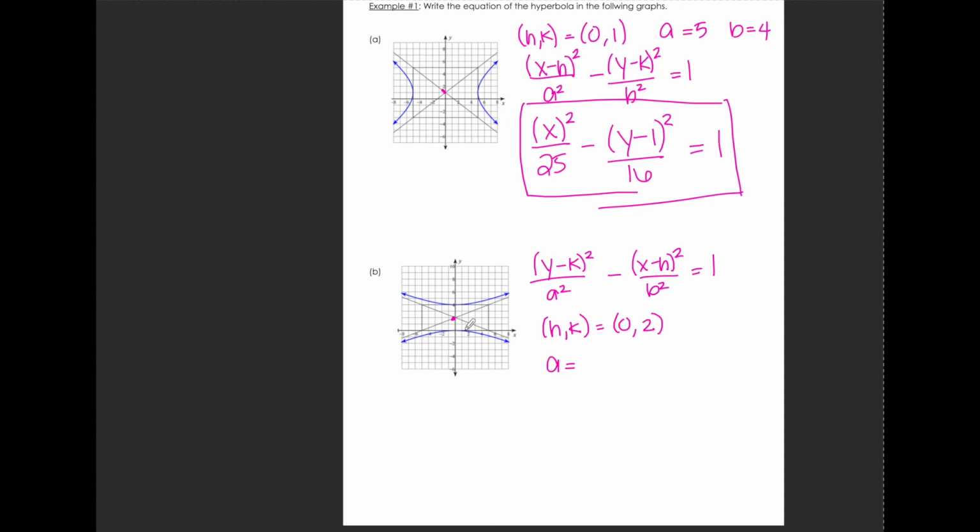So my a value in this case is 2. For b, I'm counting units to the right and to the left of the center. And the b value here is 5. Now I can use these values to plug into my equation. So I'm going to have y minus 2 squared over 4 minus x squared over 25 equal to 1.